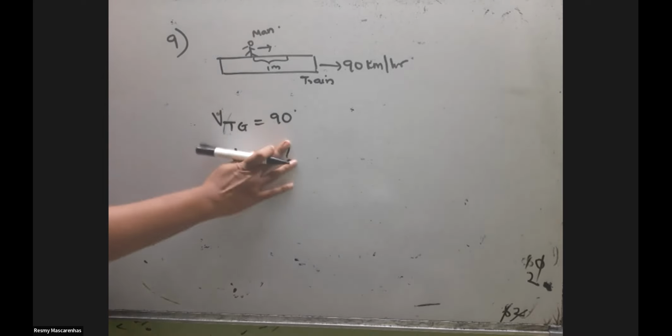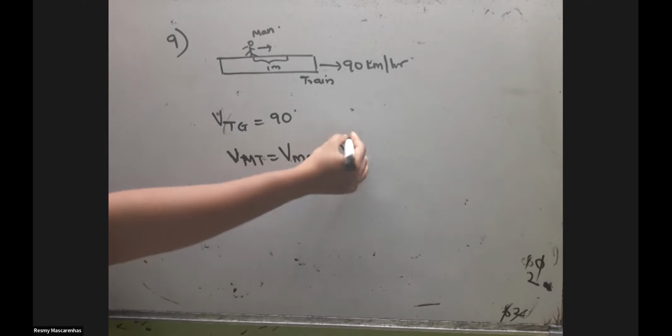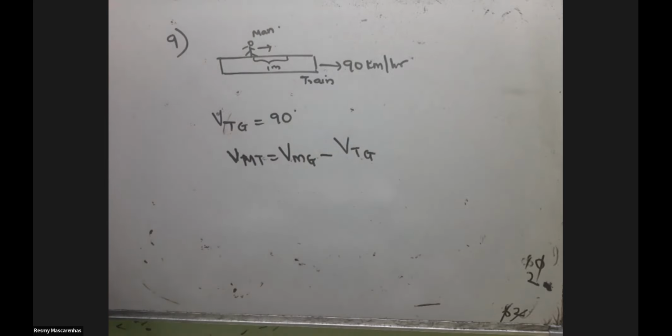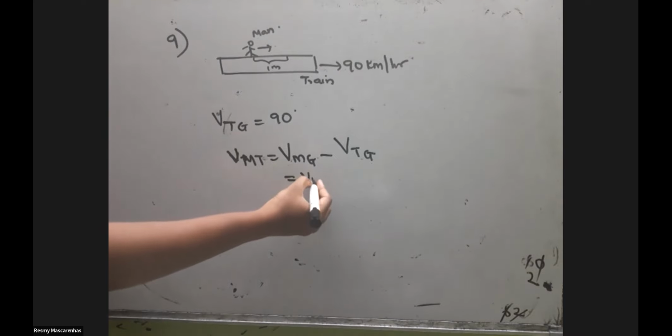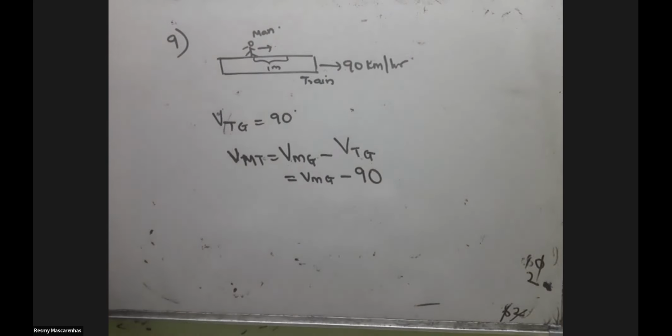But as per the formula, it is velocity of man with respect to ground minus velocity of train with respect to ground. So this we don't know. This we know, that is 90 kilometers per hour. But what we know is the distance this man has covered with respect to the train.